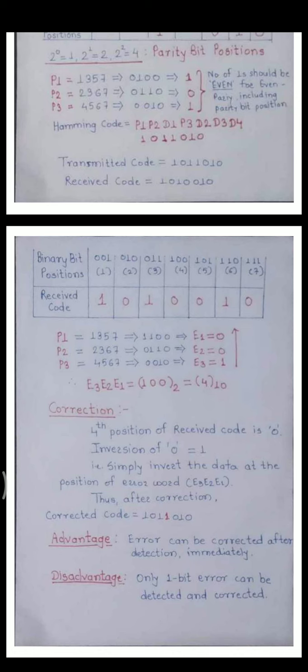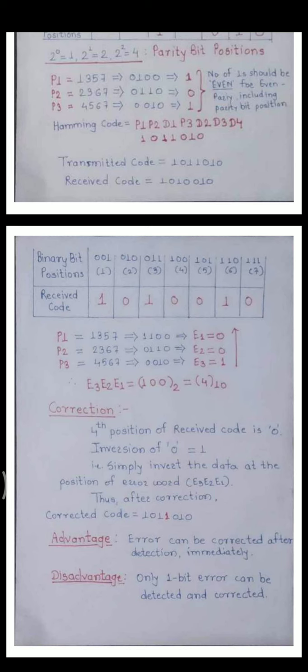Let's directly check the positions for P1, P2, P3. The groups are the same again. If an error occurs from parity P1, it is E1. If an error occurs from parity P2, it is E2. And from parity P3, it is E3. And E3, E2, E1 is nothing but the error code.